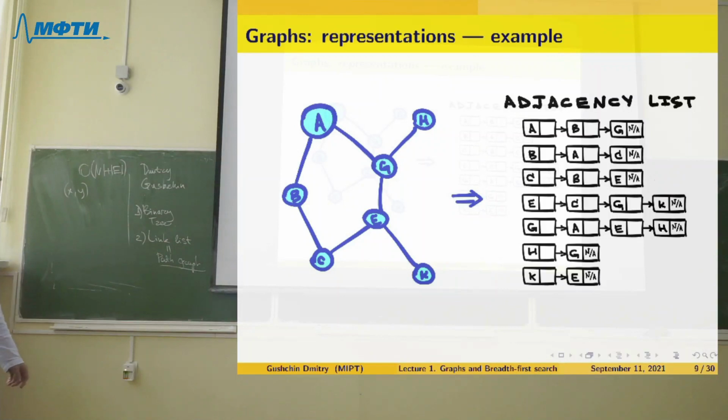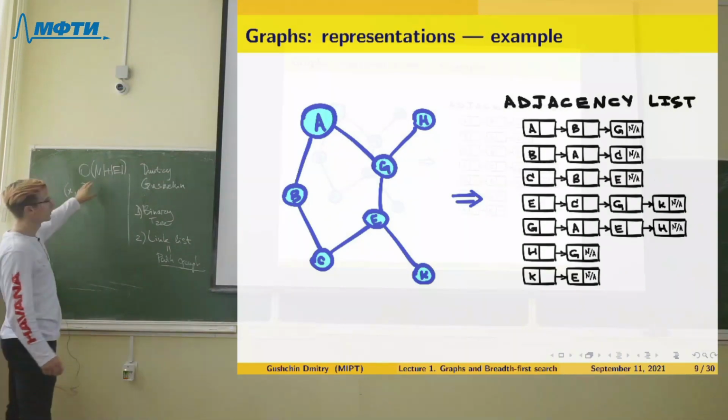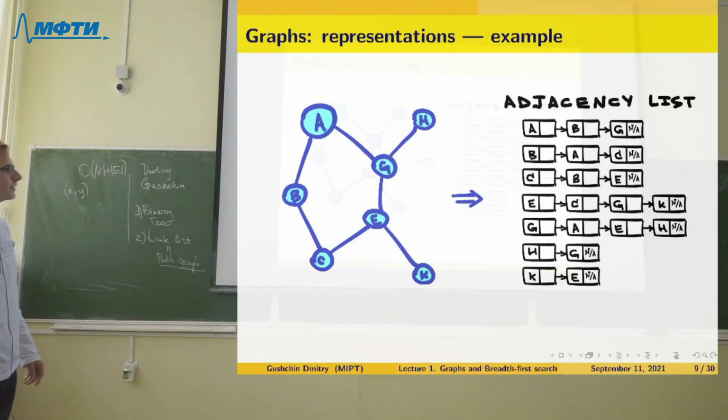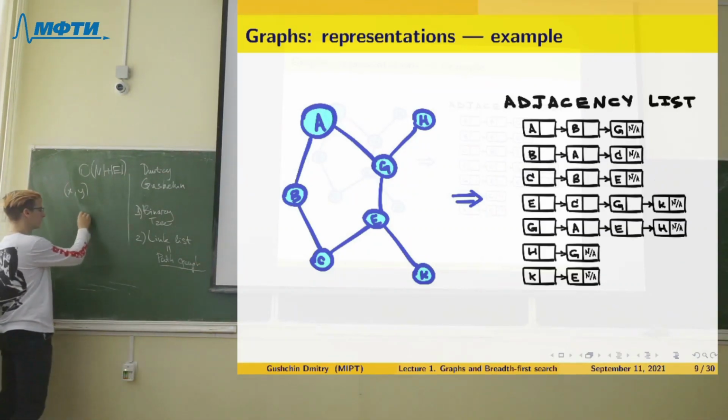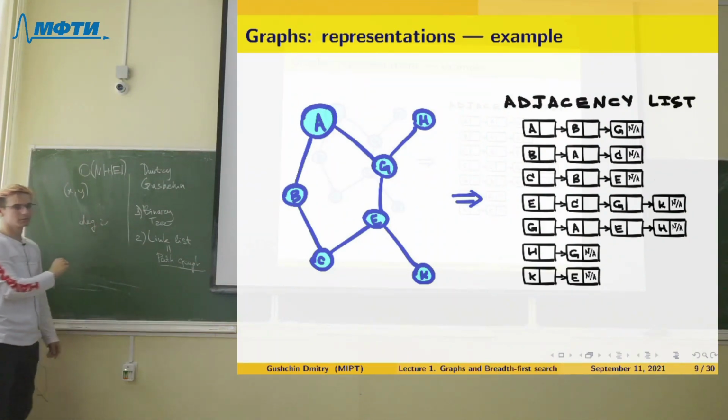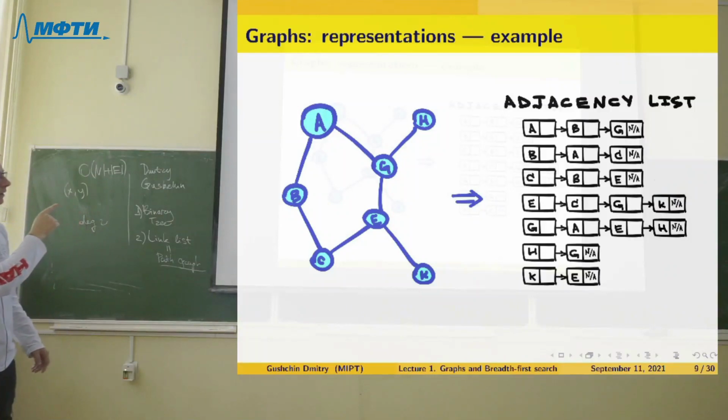Is it true? We can see there are O of number of vertices rows, and in each row we have a number of nodes equal to the degree of the vertex, plus 1.